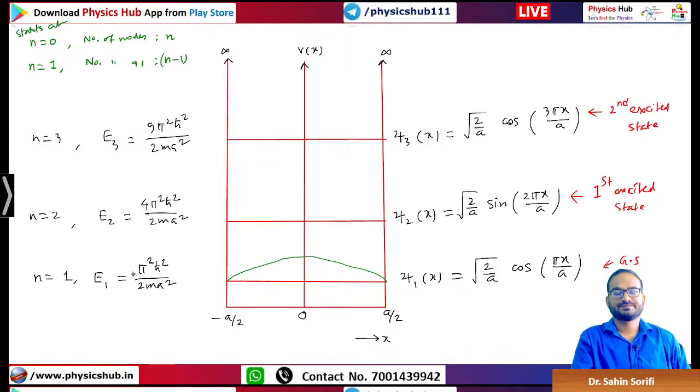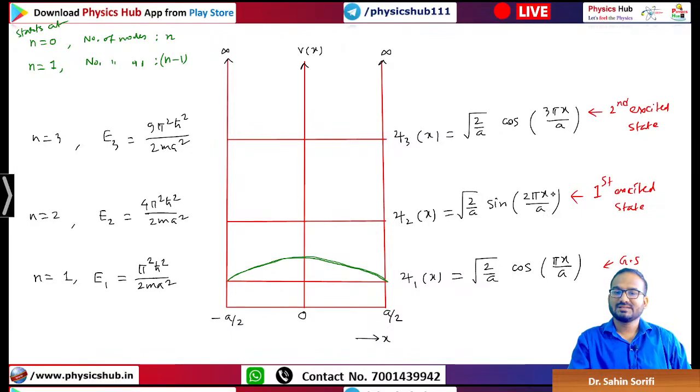So here also n starts from 1, so the number of nodes will be n minus 1. So there is no node for the ground state. Now what about the first excitation? It is sine. So at x equals 0, this value will be 0. And look at this, this is a by 4, minus a by 4.